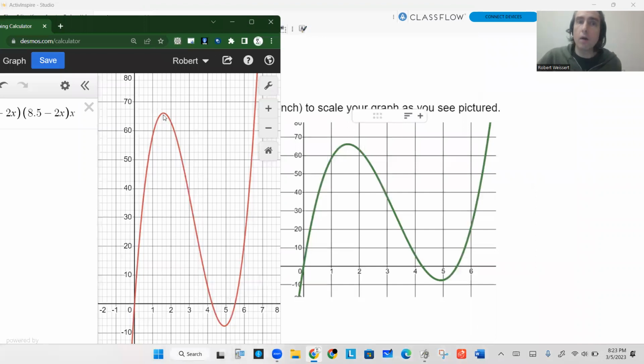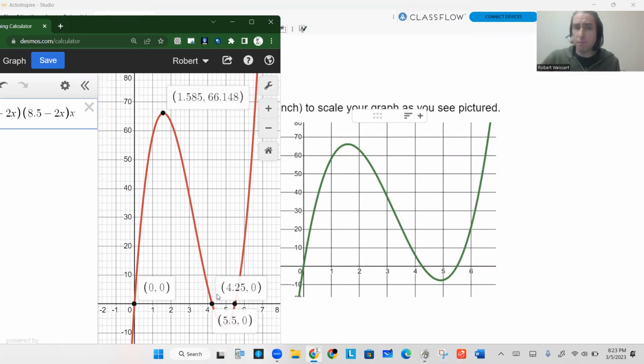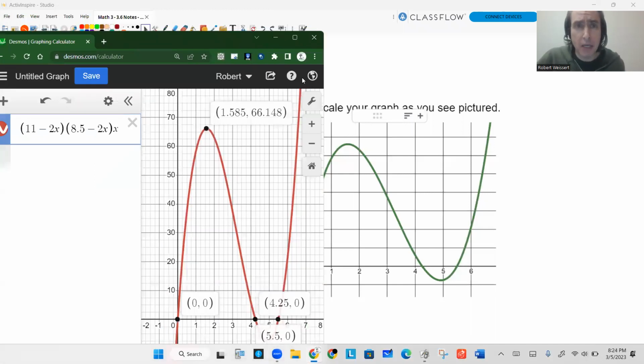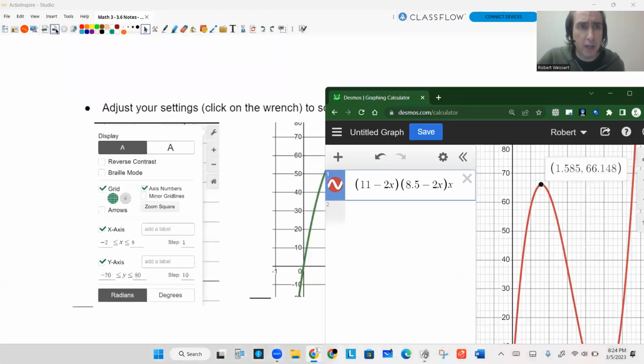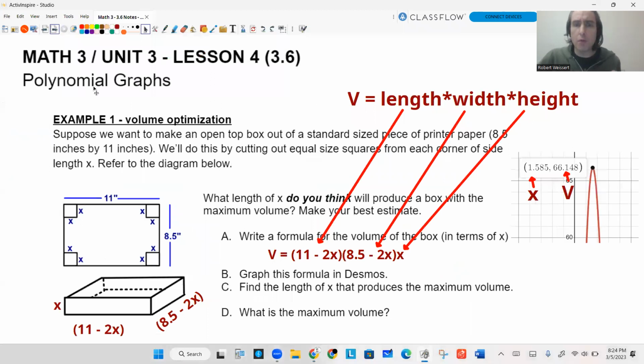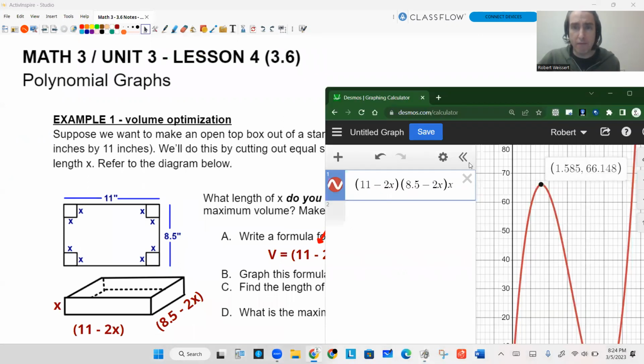Now I can see what that value is going to be at that maximum point, and I can see some spots where it hits the x-axis. You might notice that 4.25 is half the length of 8.5, and 5.5 is half the length of 11. That's no coincidence. That's by design. So let's go over here and fill in some of these things. The length of x that produces the maximum volume, at that peak we had x equals 1.585.